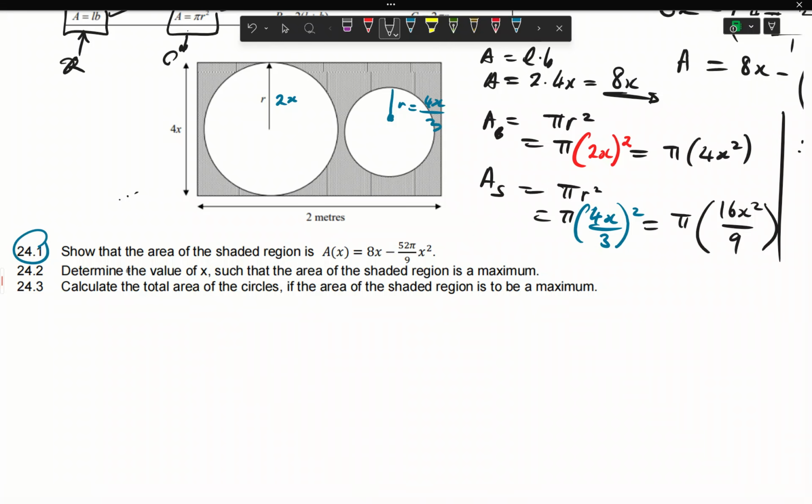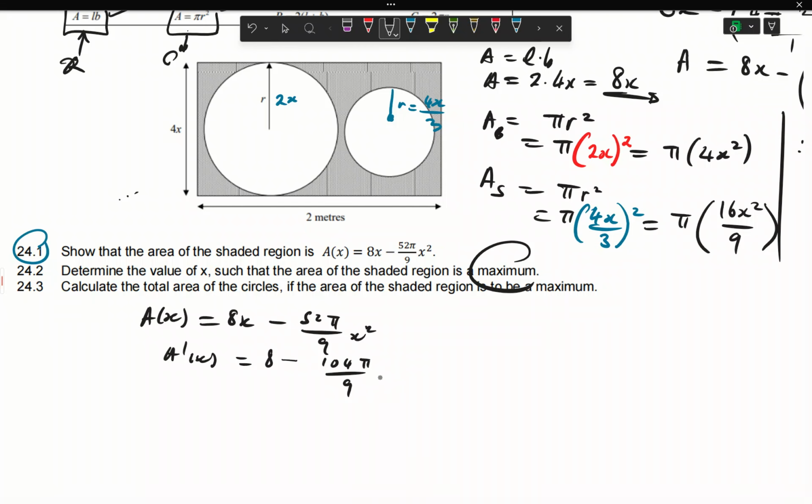Now they say determine the value of x such that the area of the shaded region is a maximum. As you see, when they say maximum, take the first derivative. So I'm just going to copy that since it's the same as what we have there. So the first derivative: 52 all over 9 times 2 is 104 all over 9 pi x, equal to 0.